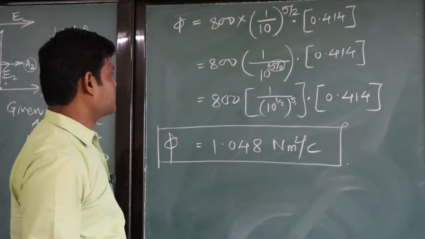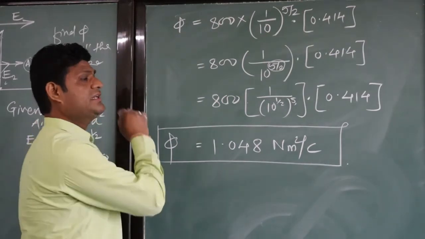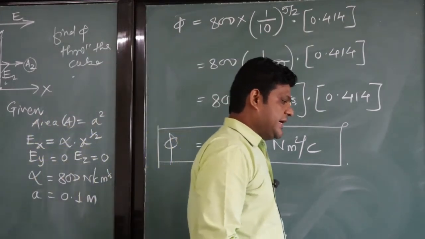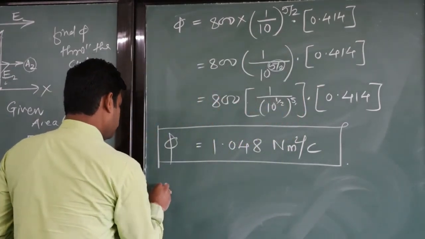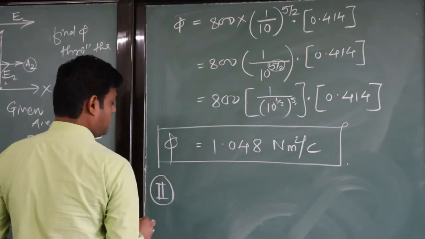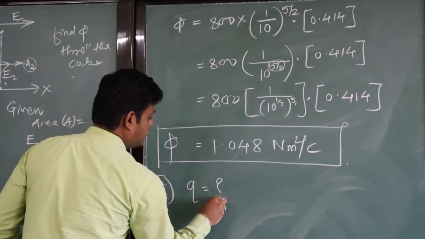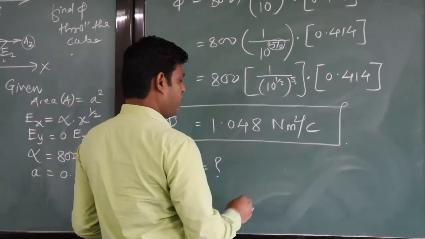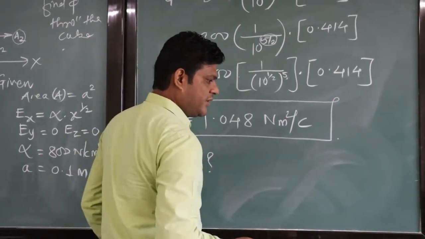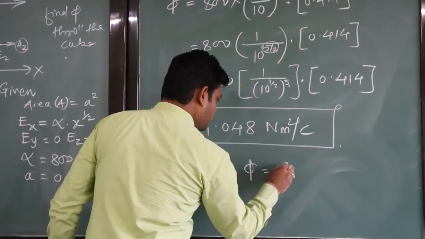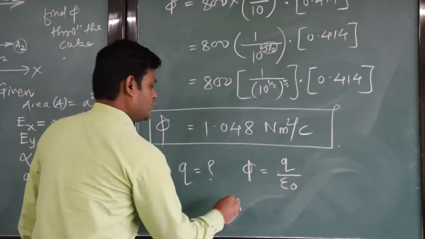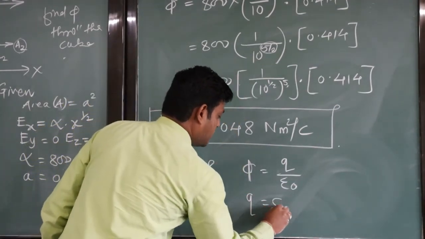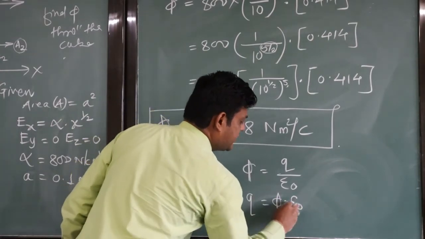This is the first part, and how many charges are there, that is the question. So, to calculate the charge, we can use the second part of the numerical. What is the value of charge? Q equal to question mark, using the formula, that is flux equal to Q divided by epsilon 0, that we can use. So, Q equal to flux into epsilon 0 we can write.